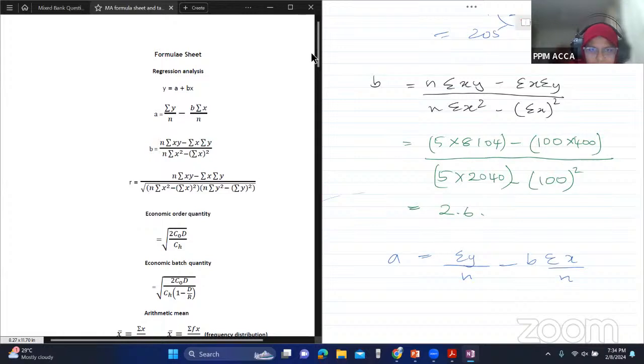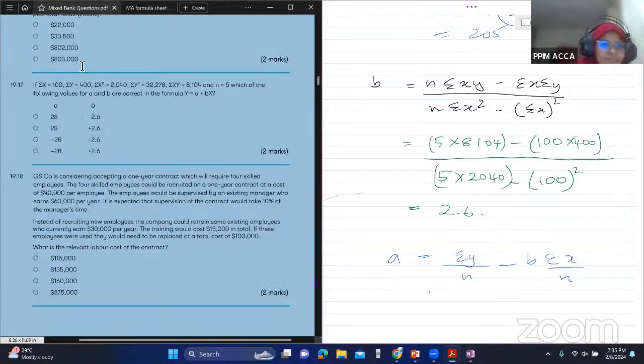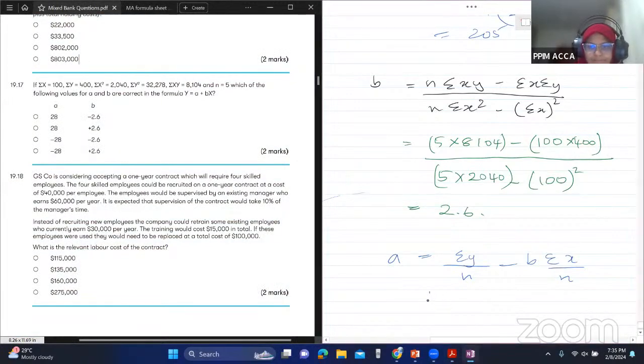Correct, Hamdan. So sigma y, let's go to the question. They said it was 400. n is 5, minus B which is 2.6, times sigma x, which is 100, divided by n, again 5.